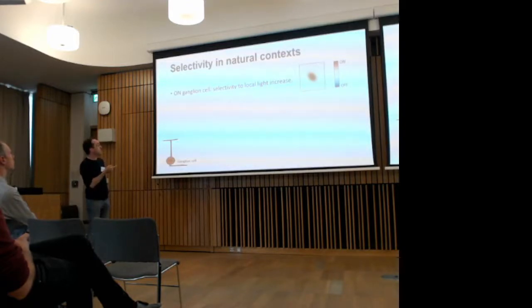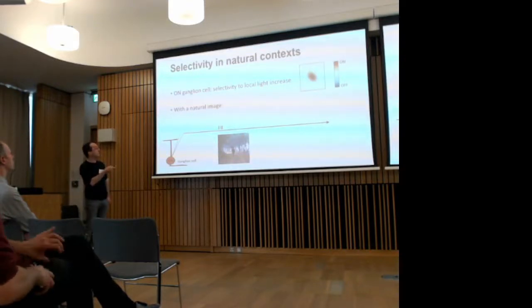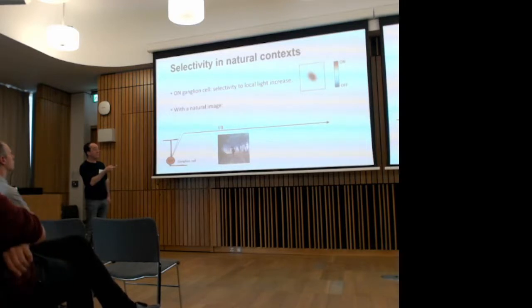So the idea of this receptive field that I was saying earlier is that the best way to increase the firing rate, the response of the neuron, is to increase light in this area.